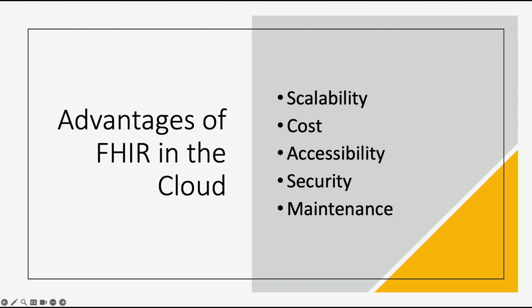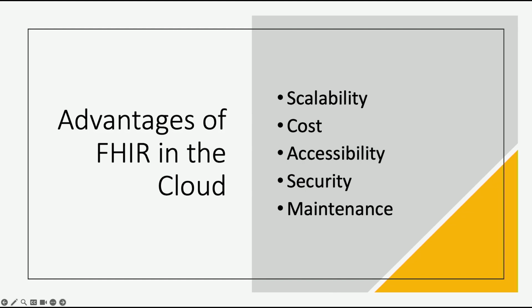Probably the biggest advantage is accessibility. With cloud-based FHIR servers, you could set up an endpoint on the internet and make it easy to collaborate with others. Running on the AWS infrastructure, it's very secure. With our Kubernetes deployment, we also have end-to-end encryption that makes it very secure.